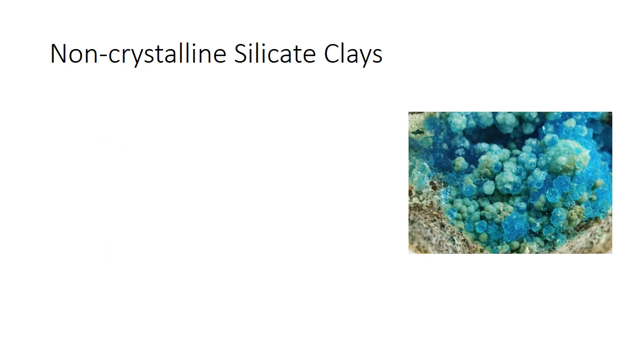We also have non-crystalline silicate clays. These generally form from volcanic ash. If you think of lava or magma, it's blown out into the sky. We have all this rock material that cools so fast that there are no crystals that are allowed to form. So you don't have enough time to get the organizational structure like we see in the other types of crystalline silicates.